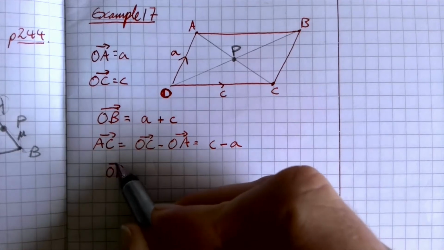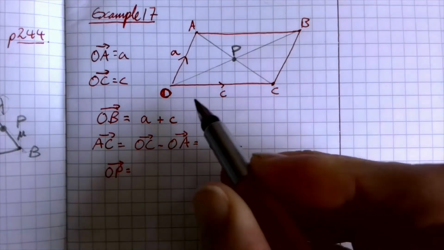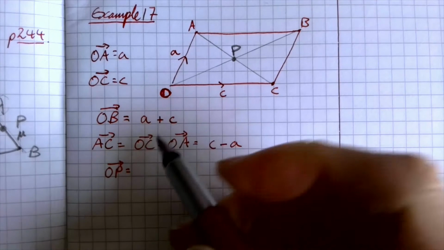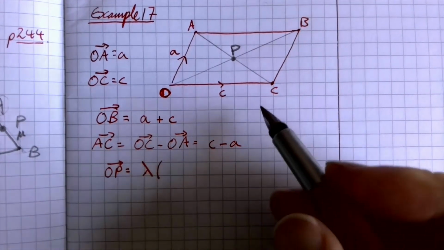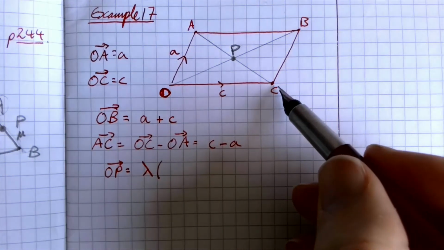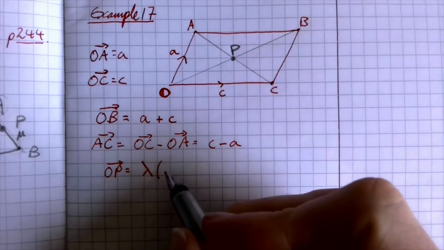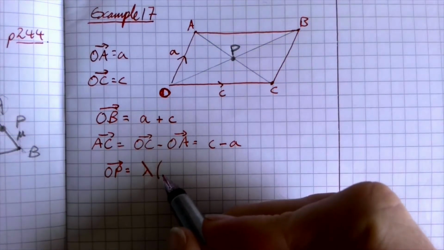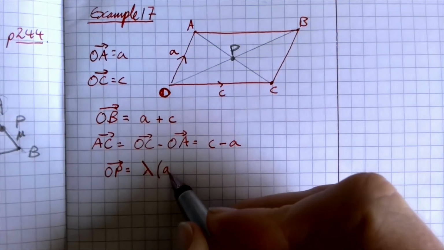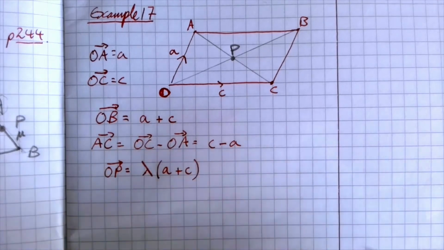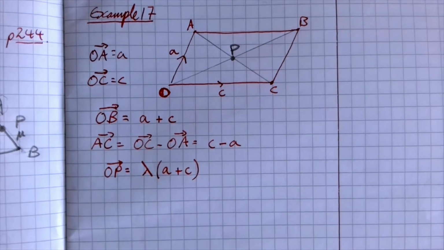So OP is going to be lambda, a number or a fraction that we're going to multiply by, times A plus C. That one was quite nice.